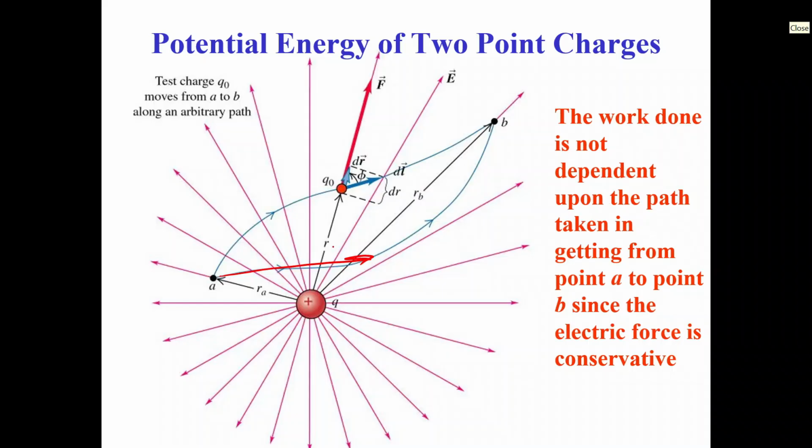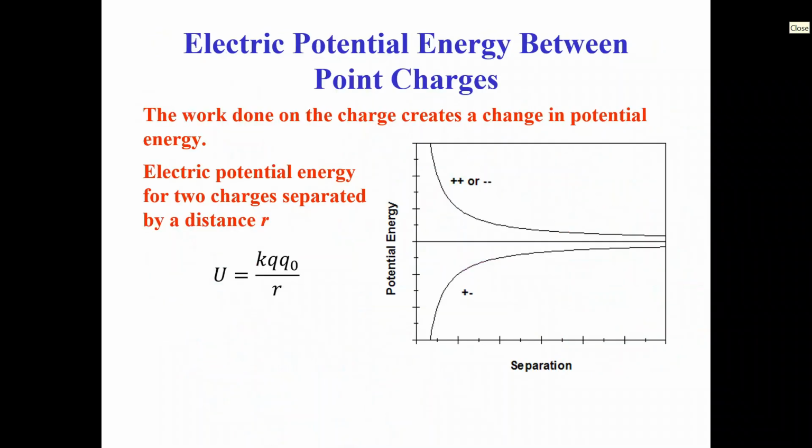All that would matter are the parts that are actually parallel to that electric field, because the force is conservative. So if you were to do all the calculus and walk through the steps we did for the parallel plates, which we could do without calculus, what we would find is our electric potential energy is going to be kQQ0 over r.